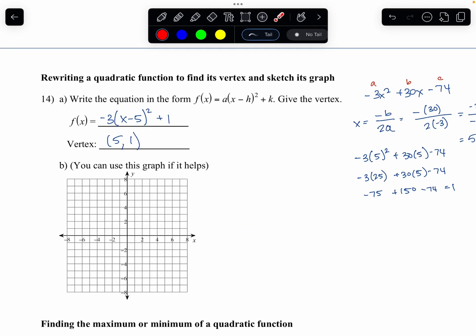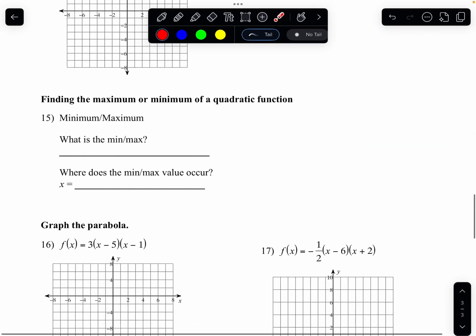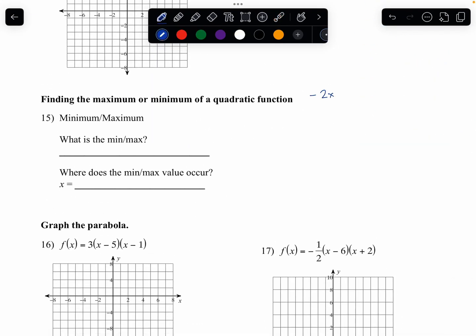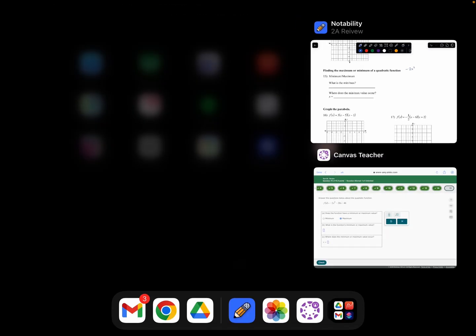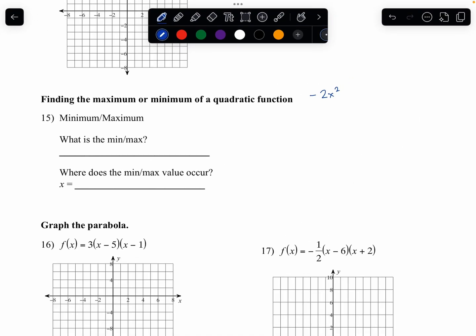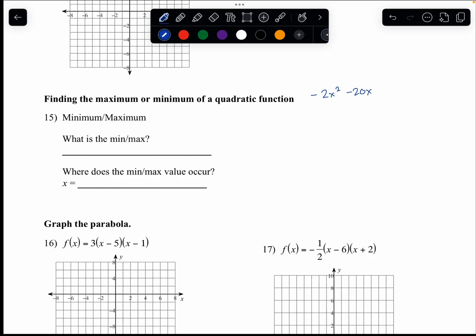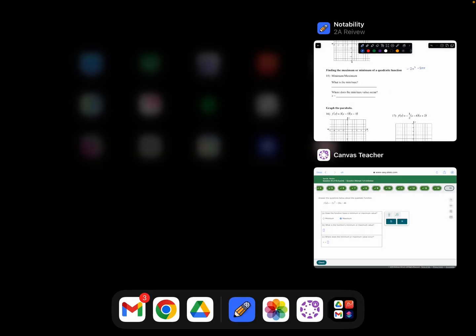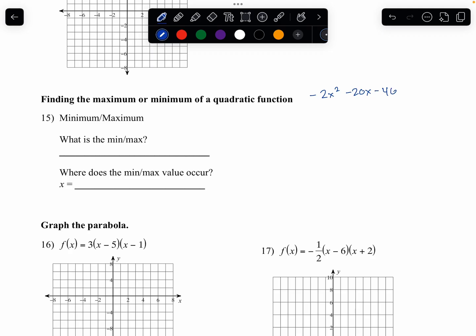So we got -2x squared, and then -20x, and then -46. All right, so this is in standard form, so to find the vertex, I need to use the formula.